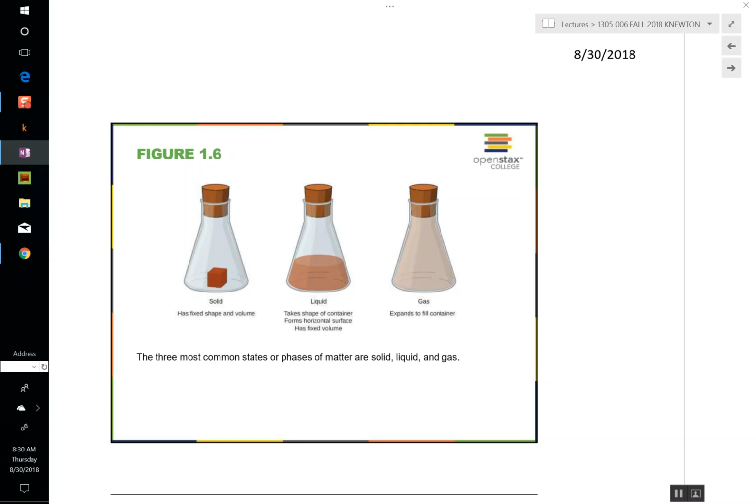Probably should have brought something to clean this up with. Okay, so I'm going to try to blow up this balloon. There's our gas.